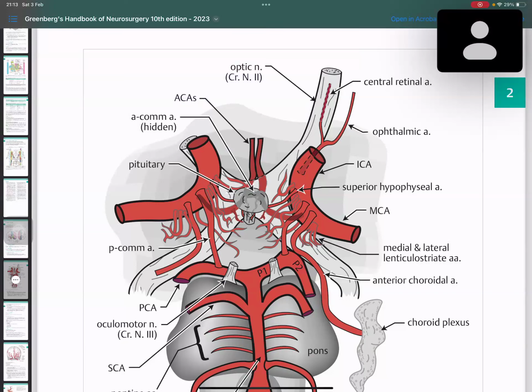I just wanted to say that pedagogically, maybe next time you can divide this into supratentorial vascularization, posterior fossa, and then spinal.